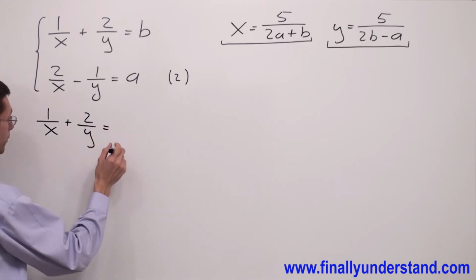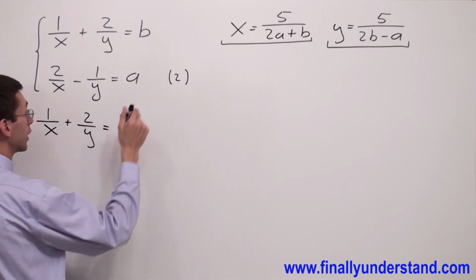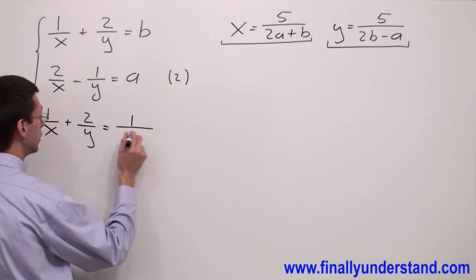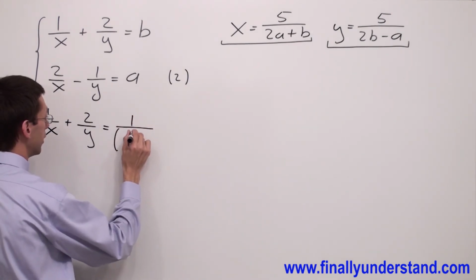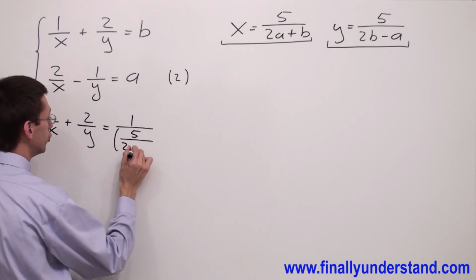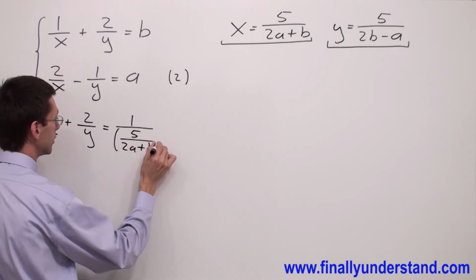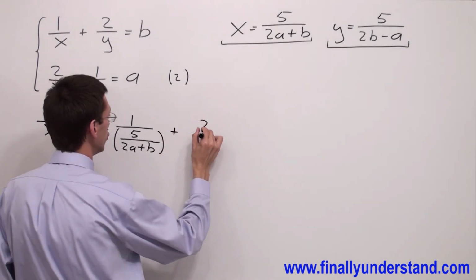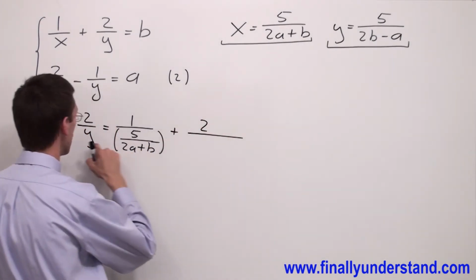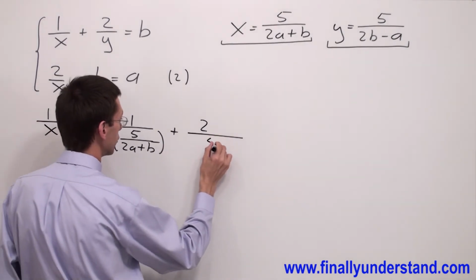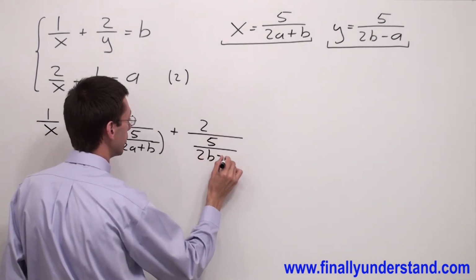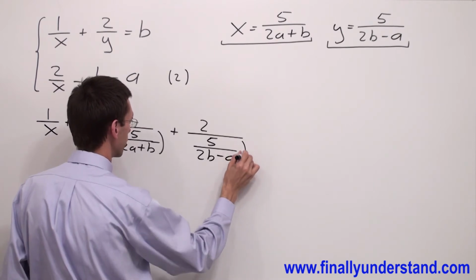This is equal, and instead of x I'm supposed to write 5 over 2a plus b. So I have 1 over 5 over 2a plus b plus 2 over y, and my y is 5 over 2b minus a.